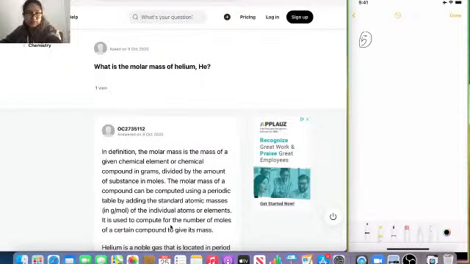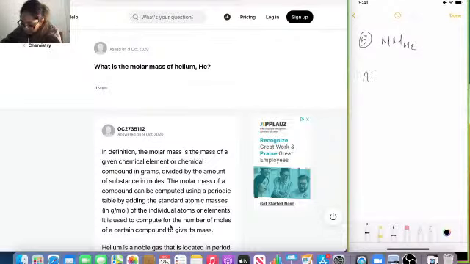Fifth question says, what is the molar mass of helium? Okay, so again, for the molar mass of helium, I'm just going to denote mm as molar mass. To calculate the molar mass, it is the same thing as the atomic mass.